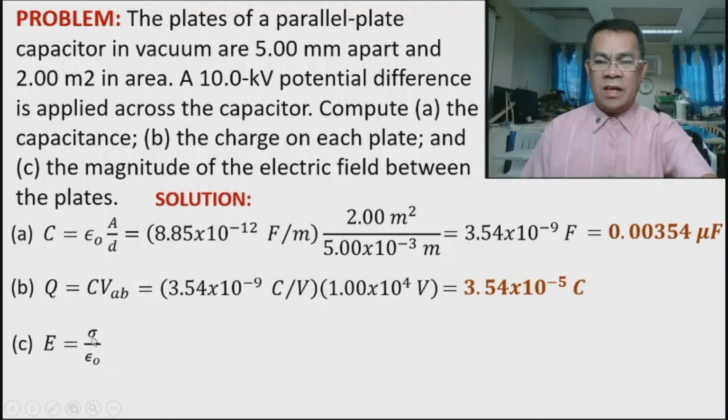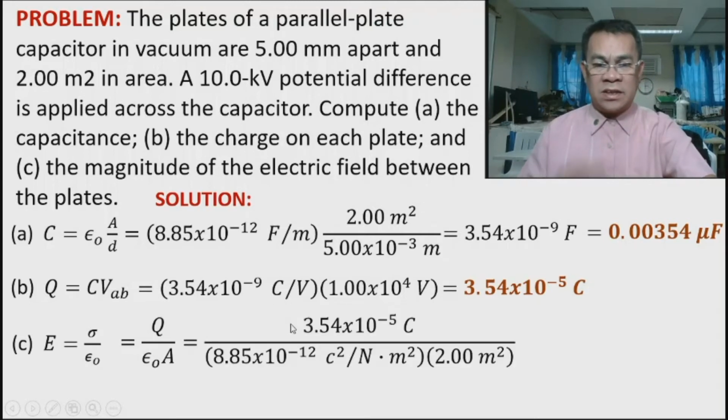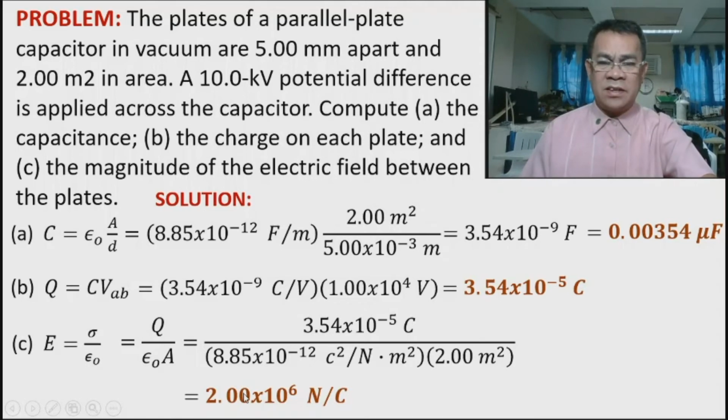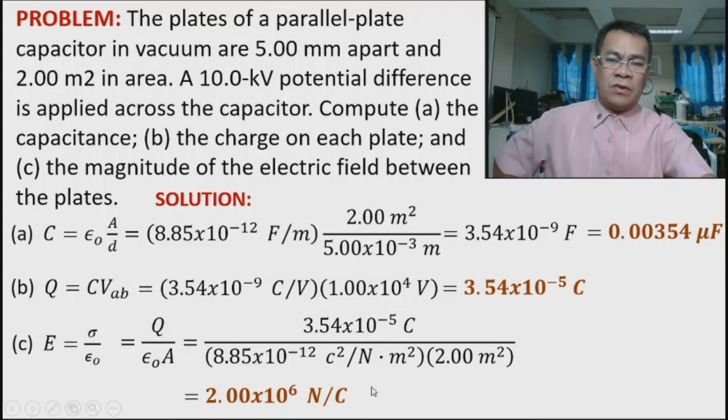Take note that surface charge density is Q over A, so we can utilize this formula. Replace this one with Q, and the area is this. Permittivity is constant, so calculate, and the answer is 2 times 10 raised to 6 Newton per coulomb. So these are the answers to the problem.